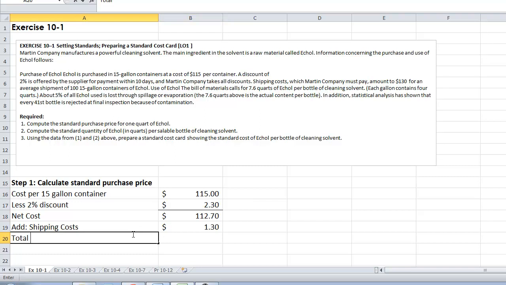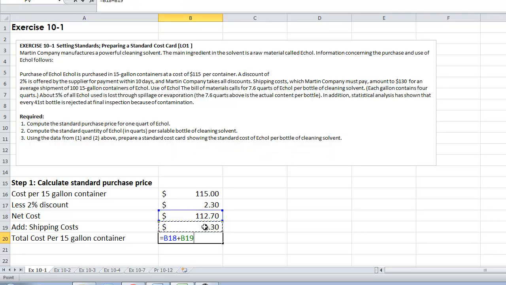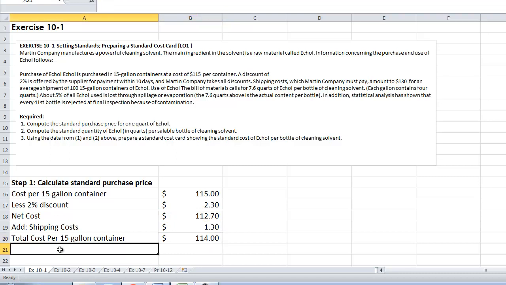So, total cost per 15-gallon container equals this plus the shipping cost, which equals $14. Number of quarts per container. We're trying to get to a quart.